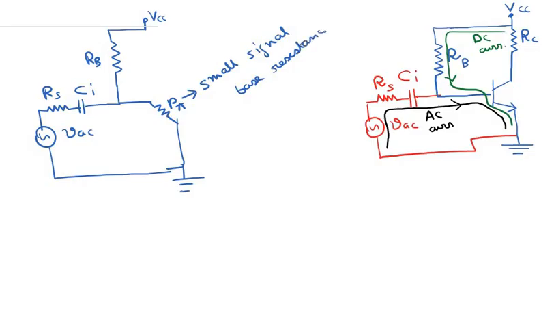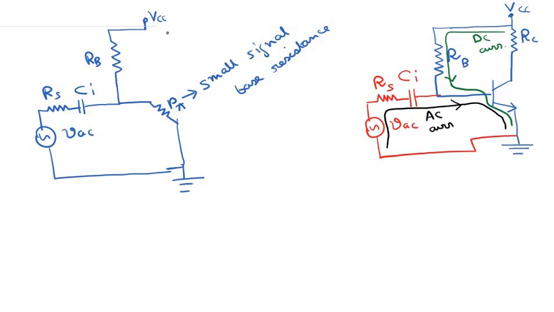Now what to do with this voltage source VCC? Note that VCC is basically a DC voltage source, and a DC voltage source cannot create an AC current. An AC current cannot originate from the DC voltage source.